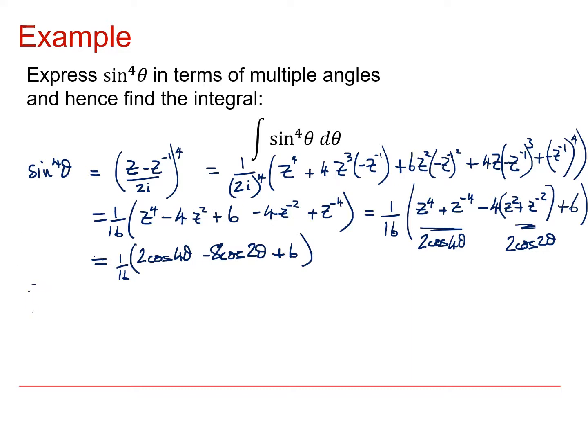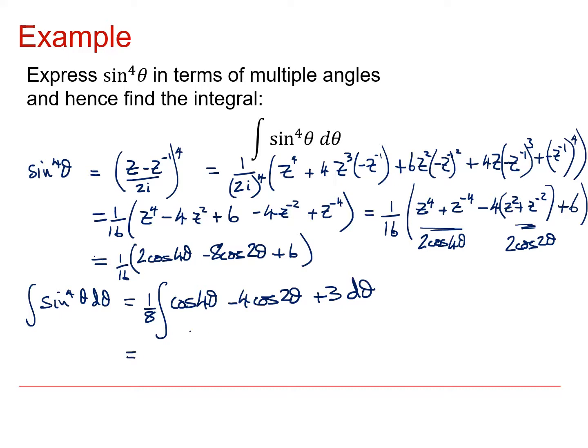And so my integral of sine to the power 4 theta d theta is just the integral of this thing. Well, notice I can cancel a 2 out of all of this, so it's actually going to be 1/8 of the integral of cos 4 theta minus 4 cos 2 theta plus 3.